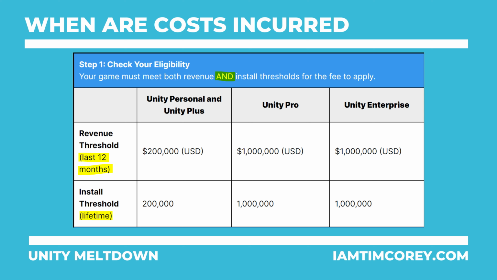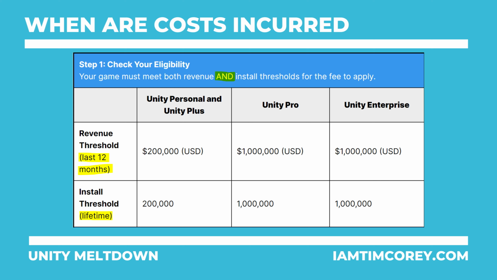You have to have $200,000 in revenue, and you have to have an install threshold of 200,000 units, meaning your game has to have been installed 200,000 times. So your game has to both have made $200,000 in the last 12 months and have been installed at least 200,000 times.